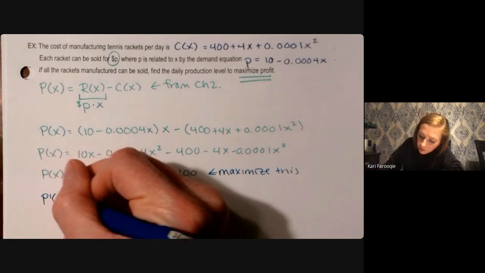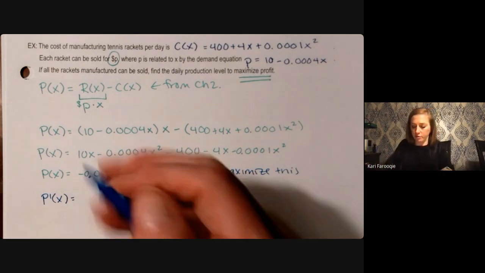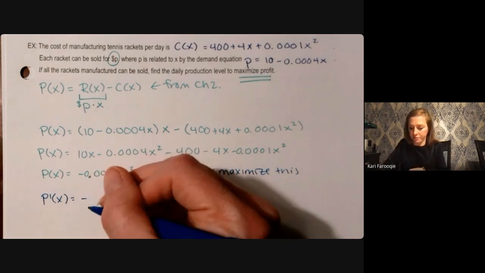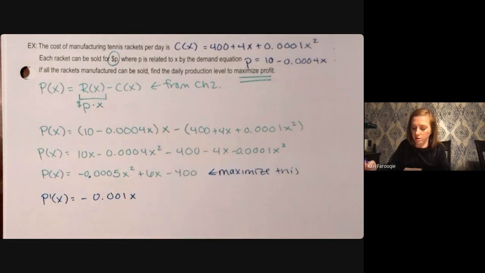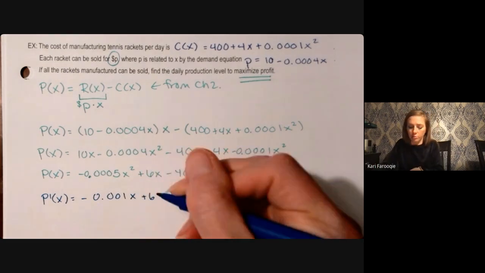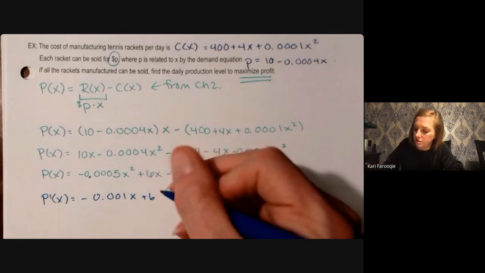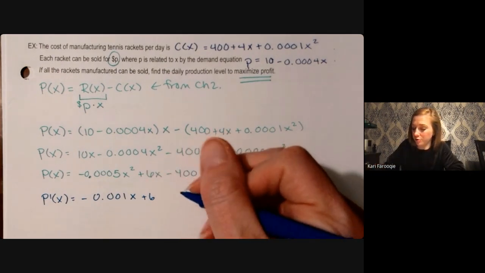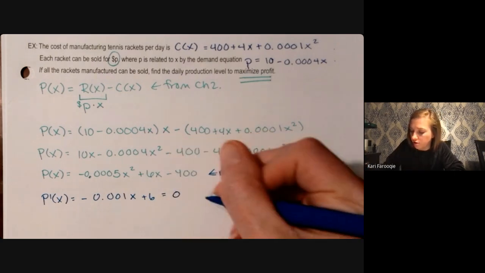So let's take P prime of X, and I'm going to multiply all of these values. So I've got negative 0.001x plus 6. And this is a polynomial. I don't need to worry about the first derivative not existing, but I do want to set it equal to 0.